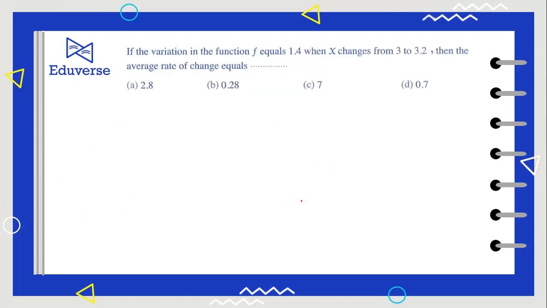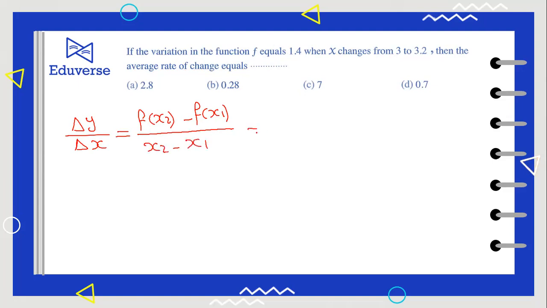Come on, let's solve. The variation in the function f equals 1.4 when x changes from 3 to 3.2. Then the average rate of change equals what? Look here, average rate of change equals delta y over delta x, equals f of x2 minus f of x1 over x2 minus x1.